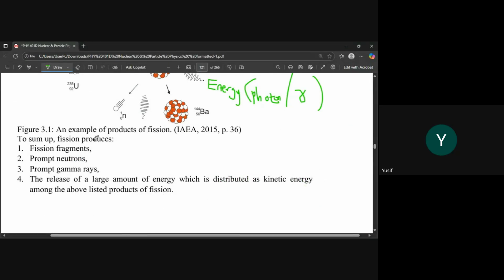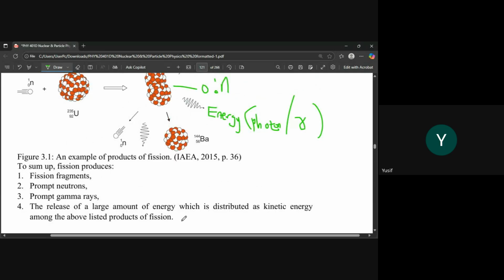Now, to sum up, fission produces fission fragments, also prompt neutrons and prompt gamma rays, and the release of large amounts of energy, which is distributed as kinetic energy among the above listed products of fission. So these are the things that are being produced at the end of a fission reaction. We have fission fragments, which are also the same as the daughter nuclei, and the prompt neutrons, which are the excess neutrons used to balance it, and the prompt gamma rays, which we also have there.